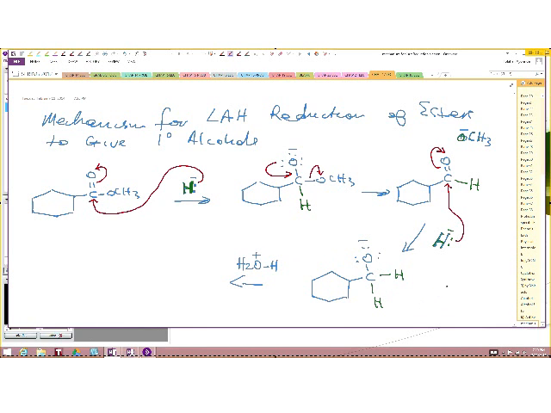The alkoxide, which is a negatively charged oxygen here, will come in and simply grab the proton from the dilute acid, and that is how we end up forming the primary alcohol.